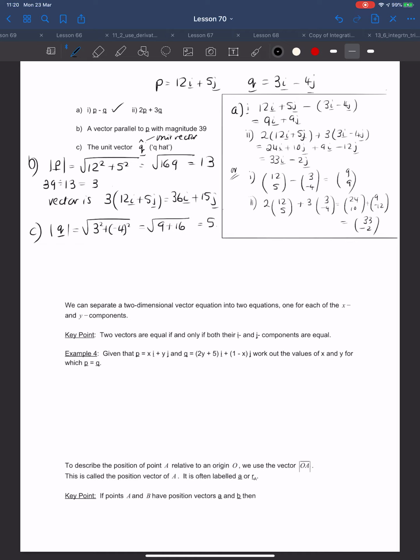We've got to divide by 5 because Q has got a magnitude 5. We want it to have magnitude 1, so we've got to divide by 5. And so therefore, Q hat is 1/5 of 3i minus 4j, which you can say is 3/5 i minus 4/5 j.